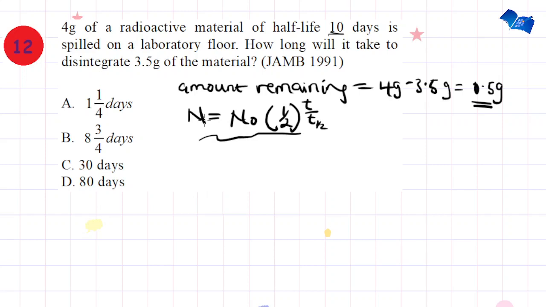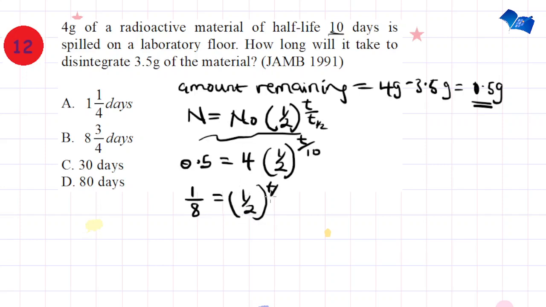The amount remaining is 0.5, the initial amount is 4, into 1/2 raised to power t, which is what we are looking for. The half-life given is 10 days, right? So 0.5 divided by 4 will give us 1/8. This will give us 1/2 to the power t/10.